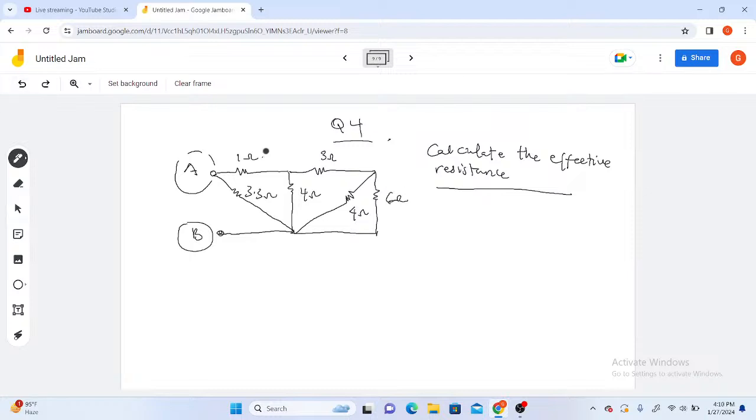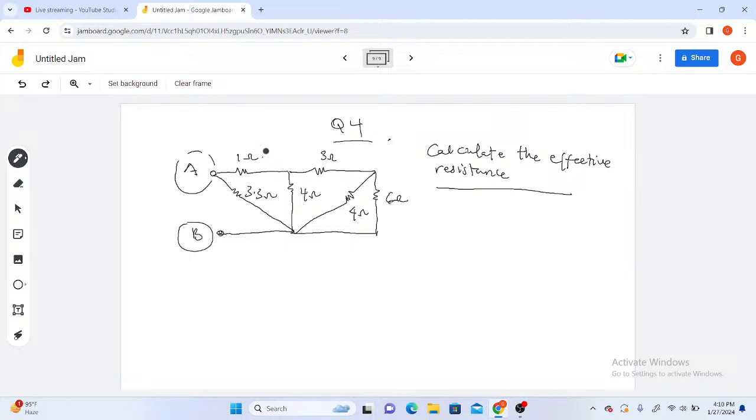So this 6 ohm and this 4 ohm are away from the terminal. So we work away from either the source or the terminals, right? Because these two terminals will be connected to a voltage source. So it's advisable to work away. And working away, this is the farthest part. And the two resistors we can consider is 4 ohm and 6 ohm resistors.